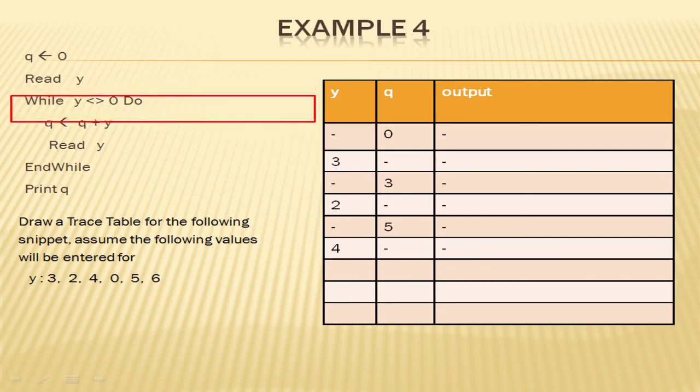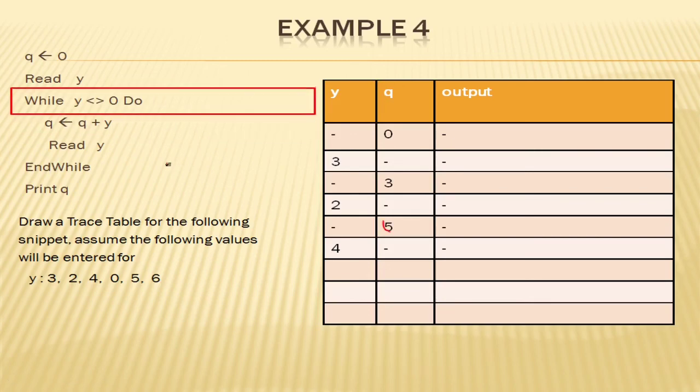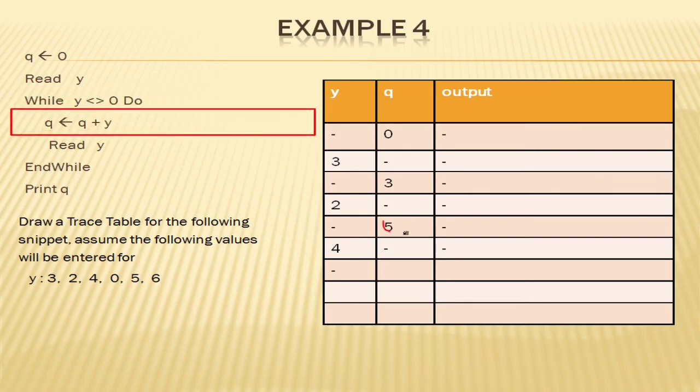So we're going to move down, and it says q equal to q plus y. Right, what's the last value of q? The last value of q is 5, and the last value of y is 4, right? So q plus y is 5 plus 4, which would be 9. So let me see if I can write this properly.